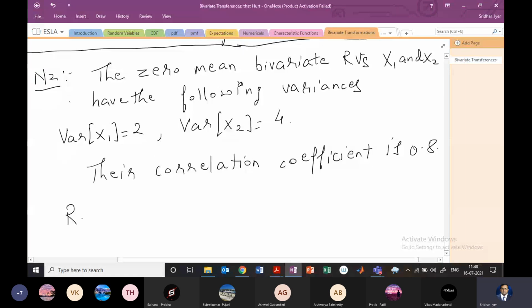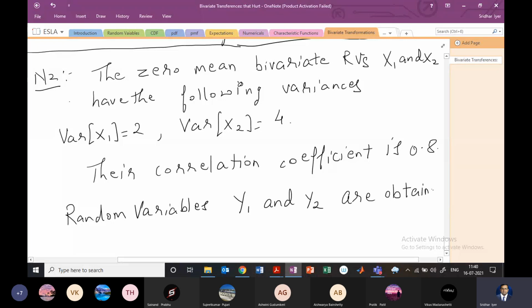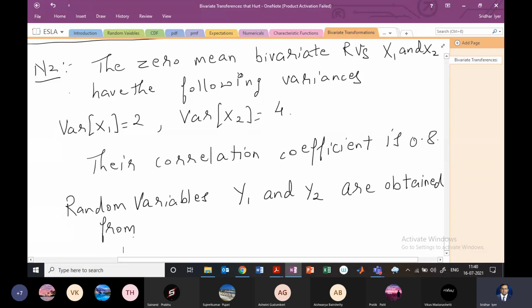Random variables y1 and y2 are obtained from y1 equal to 3x1 plus 4x2 and y2 equal to negative x1 plus 2x2.